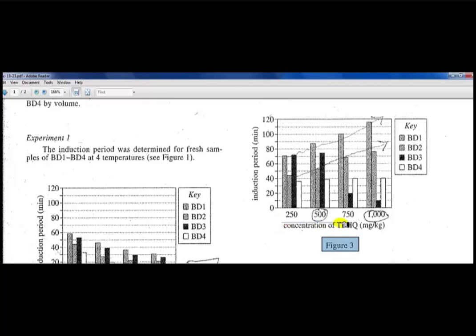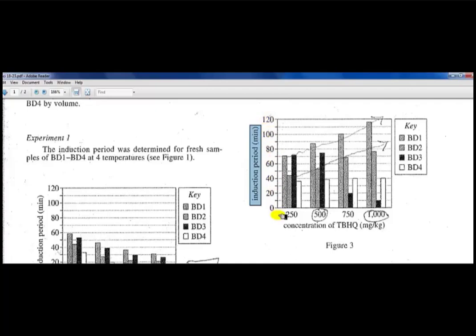Here is the concentration of TBHQ, and here is the induction period. The induction period means it's the amount of time that it will take to decompose. So as you increase from 0 to 100, it's taking longer for this biodiesel fuel to decompose.